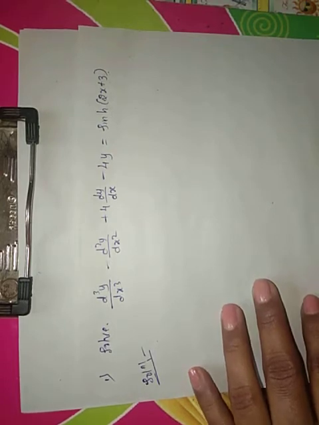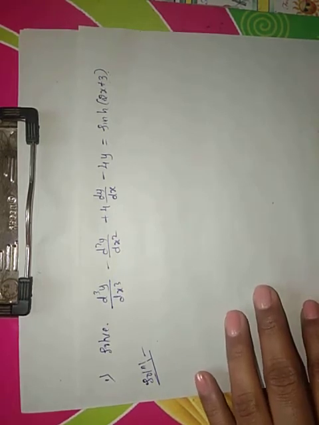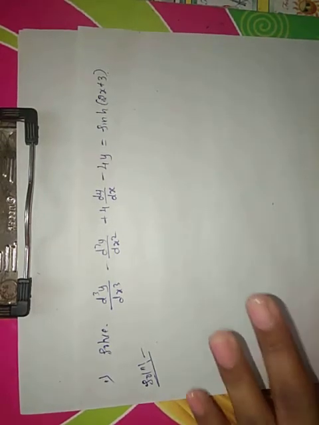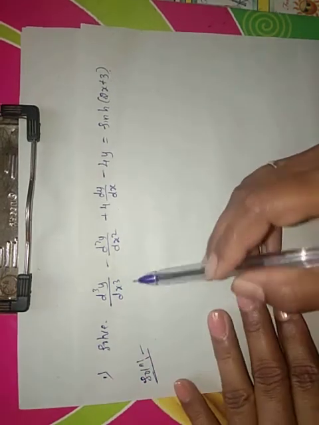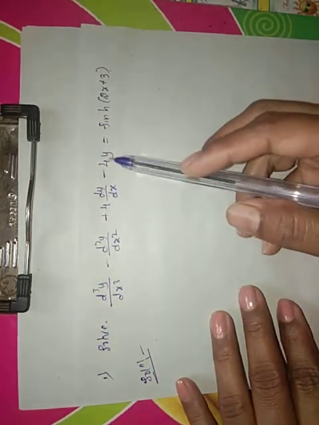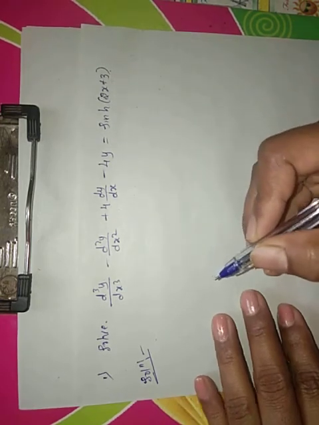So here, based on the RHS, we decide the particular integral procedure, and then we go on with the procedure as usual to find out the particular integral. So here the function is d cube y by dx cube minus d square y by dx square plus 4 dy by dx minus 4y equal to sinh of 2x plus 3.